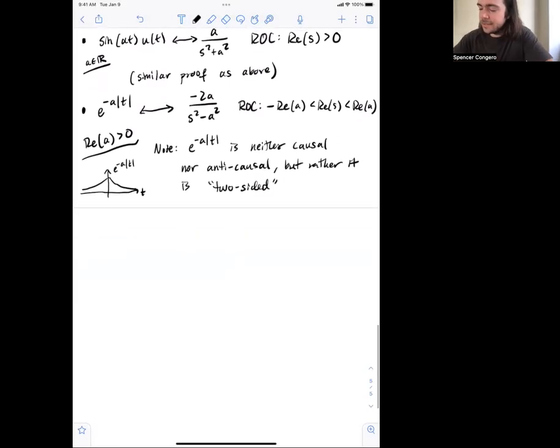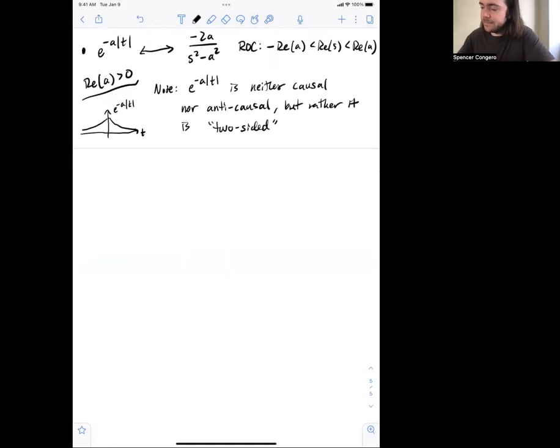All right, so let's find this Laplace transform. Okay, so integral from negative infinity to infinity of e to the negative a absolute value of t, e to the negative st dt. Okay, so how do we deal with that absolute value? Well, absolute value is just a function that equals two different things depending on whether t is positive or negative.